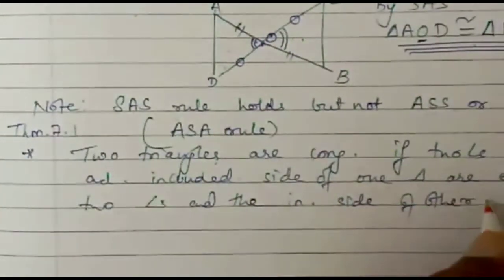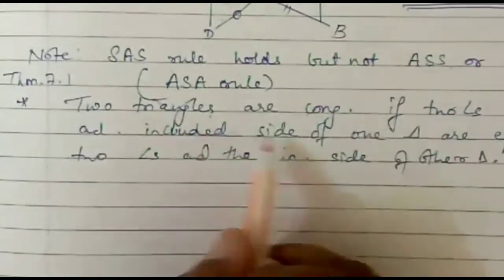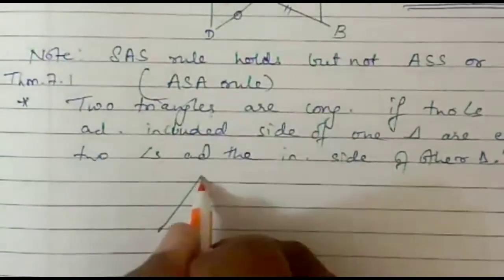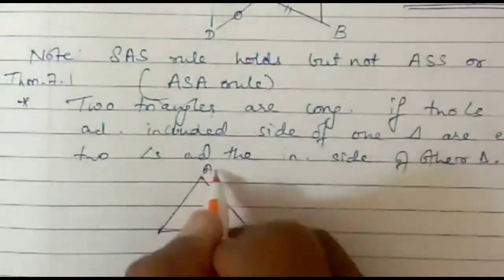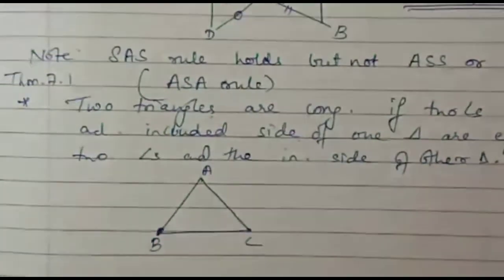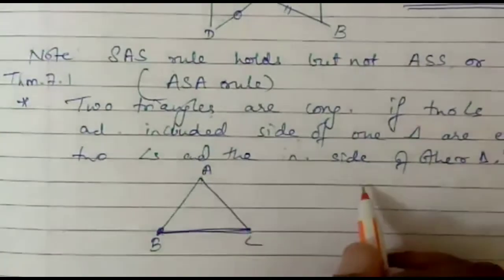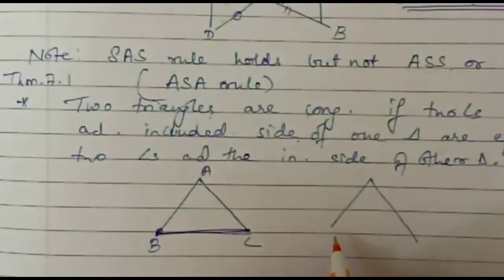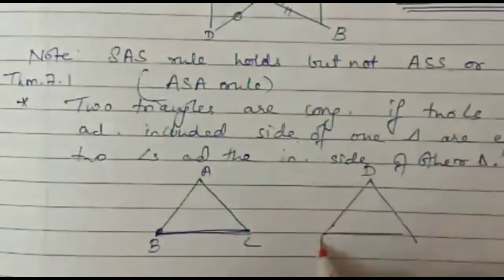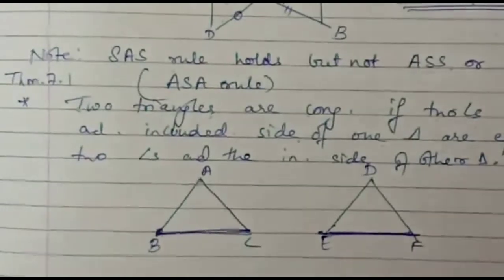Let me tell you what we mean by two angles and included side. Suppose this is triangle ABC, and we are talking about angle B and angle C as the two angles, so side BC will be considered the included side. Similarly, if you have another triangle DEF, the two angles here are angle E and angle F, and the included side will be side EF.